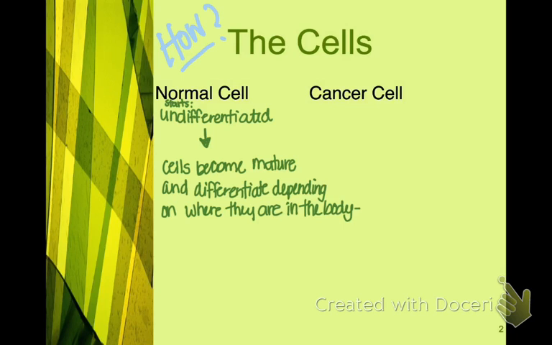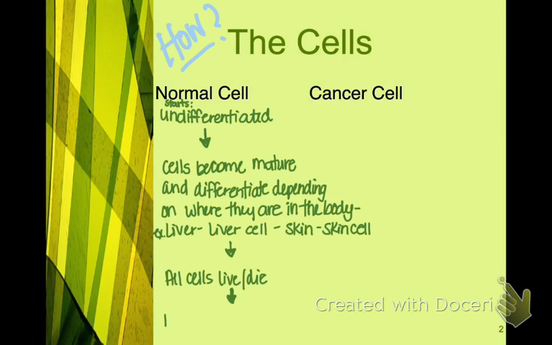It starts as a stem cell. So it differentiates depending on where it is in the body. Example: liver cell, skin cell. And then all cells live and die, right? It's a constant process.